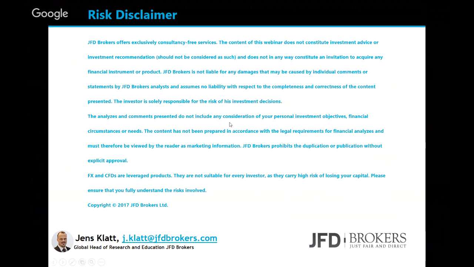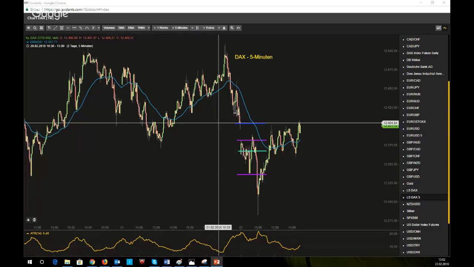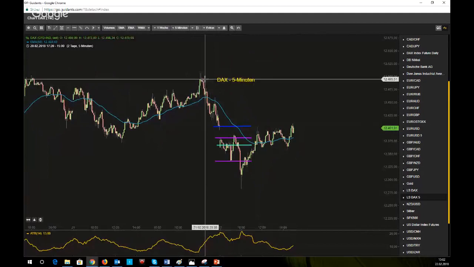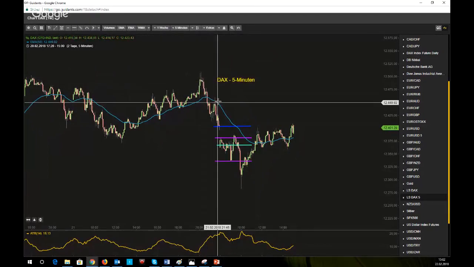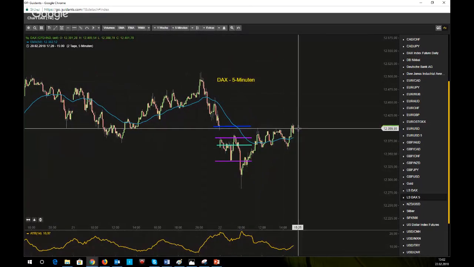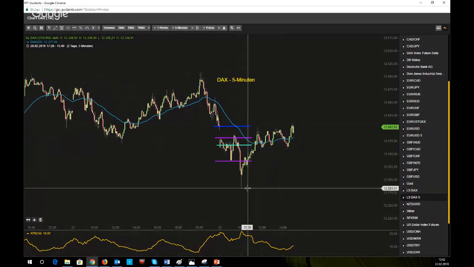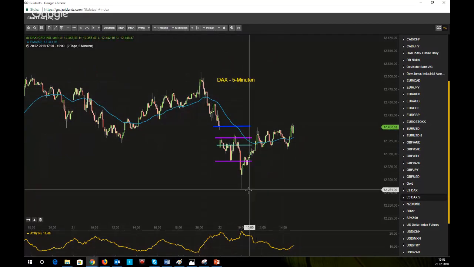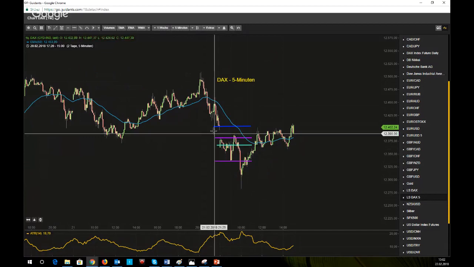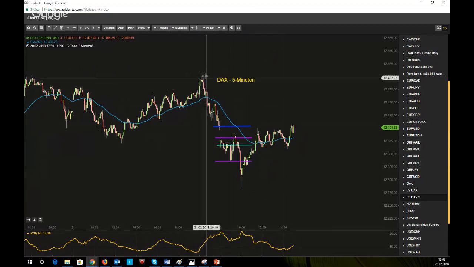So the S&P, just have a look here at the DAX first, which already shows the reaction. Quite interesting also to see that the DAX, after an initial push lower, a continuation of this move yesterday.